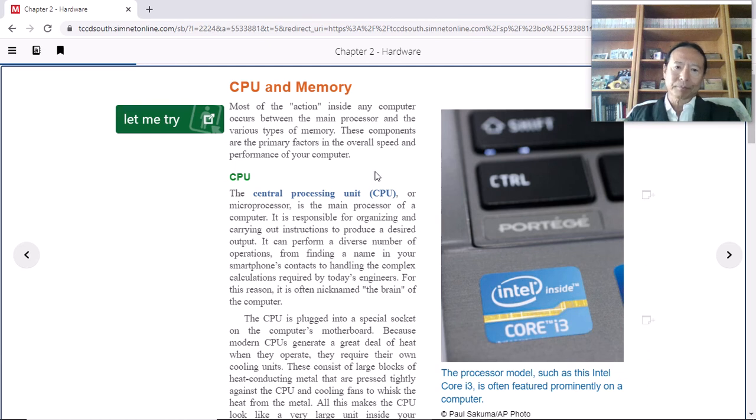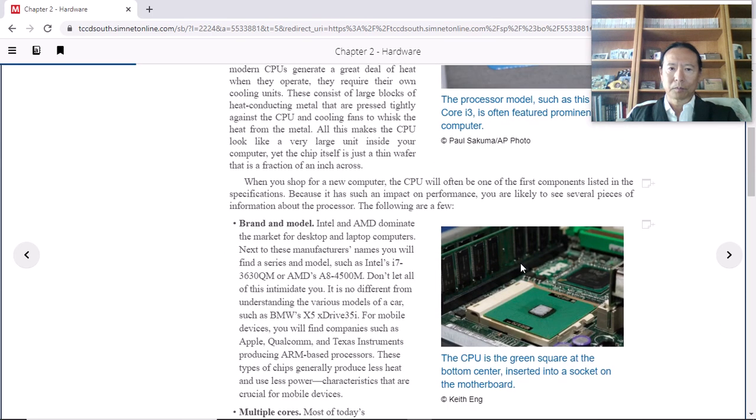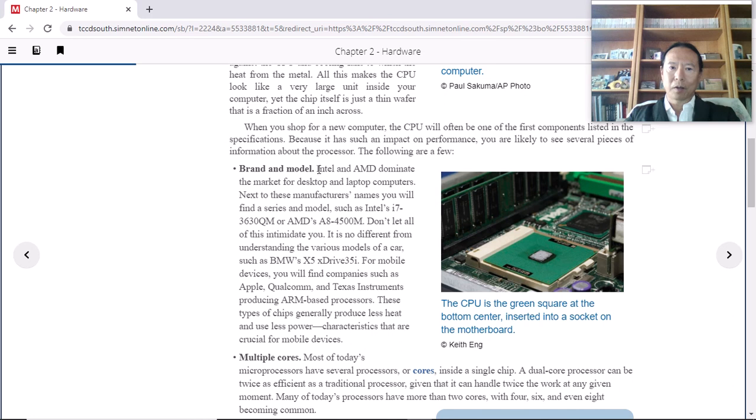Yeah. That's CPU. Intel CPU. Intel CPU is better than AMD CPU, a little bit faster and more expensive. That's your CPU.